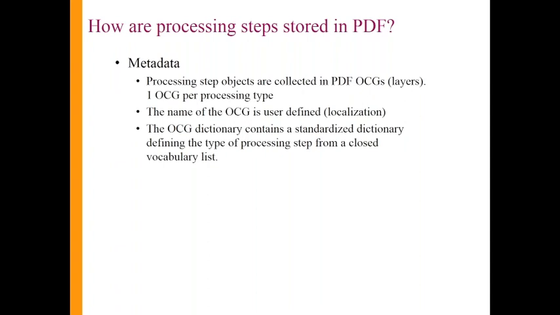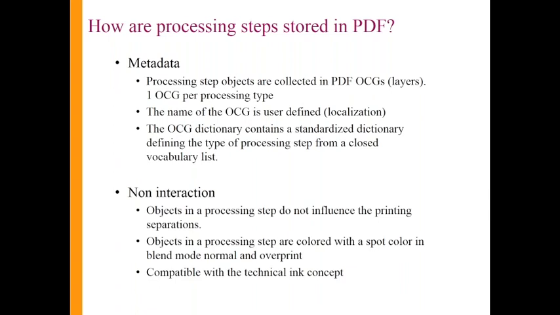That metadata, of course, is not directly meant for human interpretation. It's used to let the PDF generating applications indicate the type of the processing step, and let a consumer of that PDF identify that particular layer as containing PDF objects corresponding with that processing step, based on that fixed vocabulary.